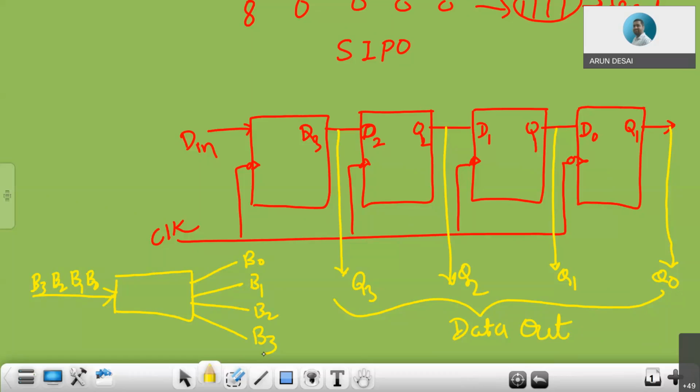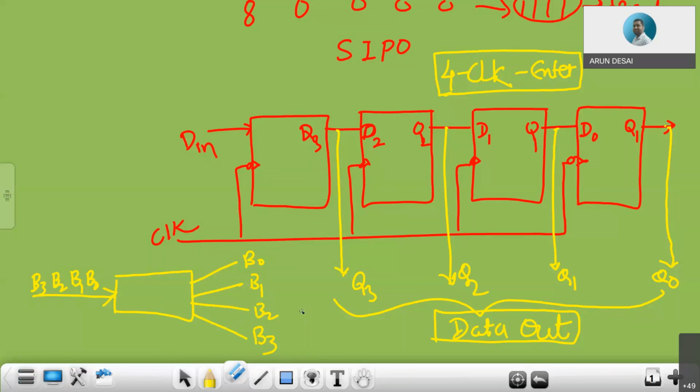We require only four clock pulses to enter the data, and not a single clock pulse is required to get that data out, because data is already there on the output lines and we connect all those output lines as data out, right? So we do not require any clock pulse to get that data out from the register. This arrangement is basically referred to as serial in, parallel out.